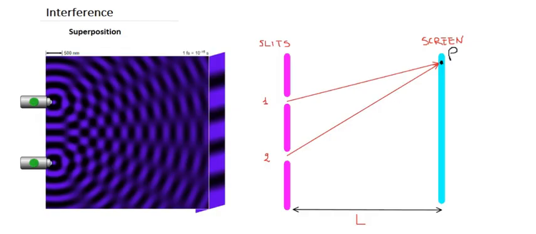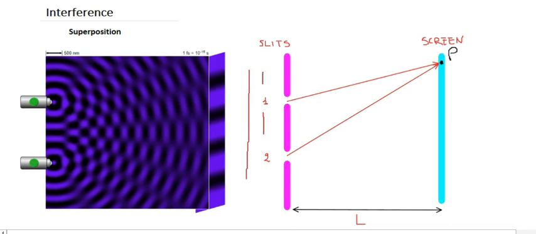And now the typical question is, okay, let's imagine to have a screen placed on the right side here, like I have the screen on my simulation, and then place this time two slits, and have some source of light that is coming toward the two slits.